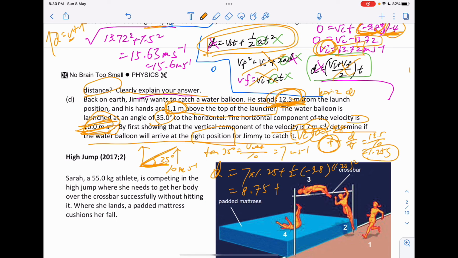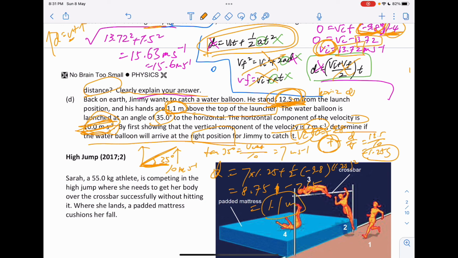Then plus half times minus 9.8 times 1.25 squared. That whole thing equals, hold on, minus 7.65625. So sorry, that's a minus 7.65, and that just equals 1.1, right? Which means it is in the right position.